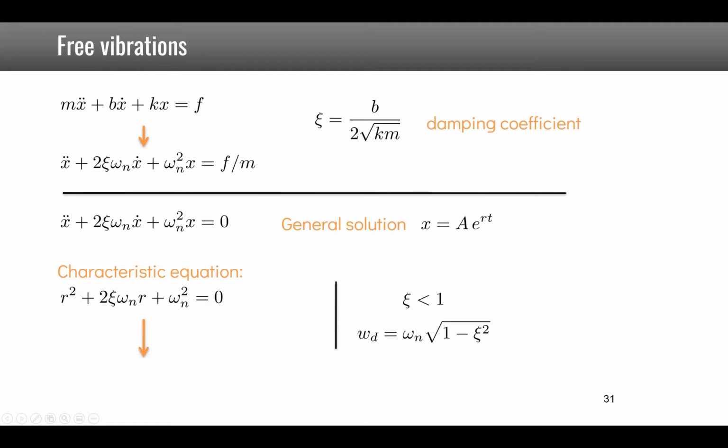And the solution of that, if you consider that psi is smaller than 1, and define omega d as omega n times square root of 1 minus psi squared, you find that r has also two possible solutions, but now there is a real part, minus psi omega n, and an imaginary part where the frequency is not omega n, but omega d, given by omega n times square root of 1 minus psi squared.